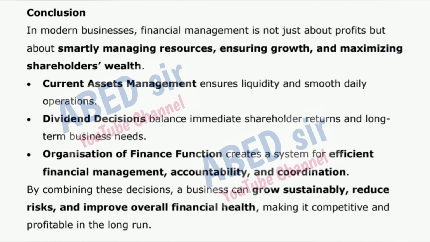Organization of finance function creates a system for efficient financial management, accountability, and coordination. By combining these decisions, a business can grow sustainably, reduce risks, and improve overall financial health, making it competitive and profitable in the long run.